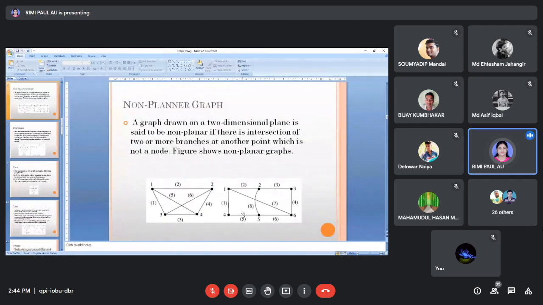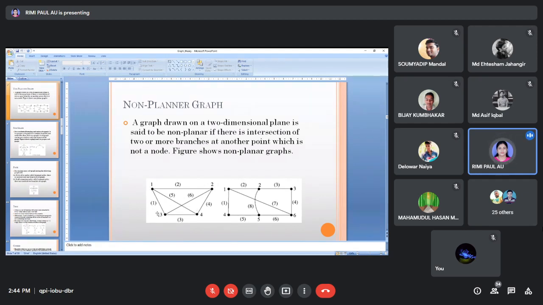Now, what is a non-planar graph? A graph drawn on a two-dimensional plane. Suppose I am taking the XY axis. This is a two-dimensional plane, or you are taking your copy or page, and you are drawing a graph on this plane. So a graph drawn on a two-dimensional plane is said to be non-planar if there is an intersection of two or more branches.